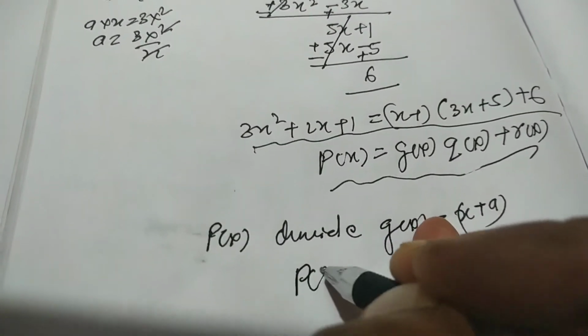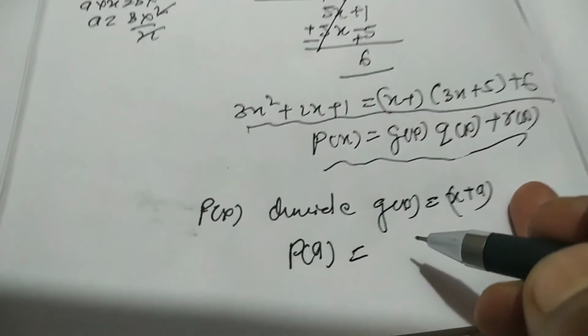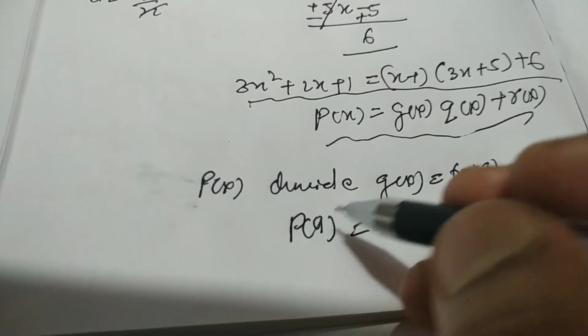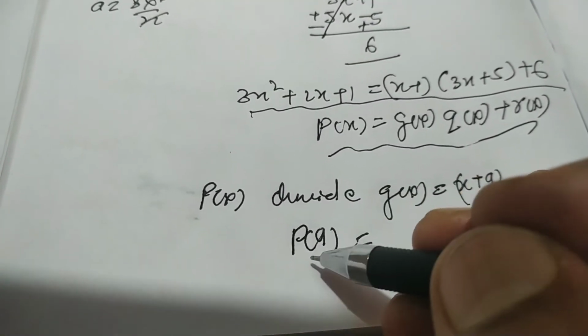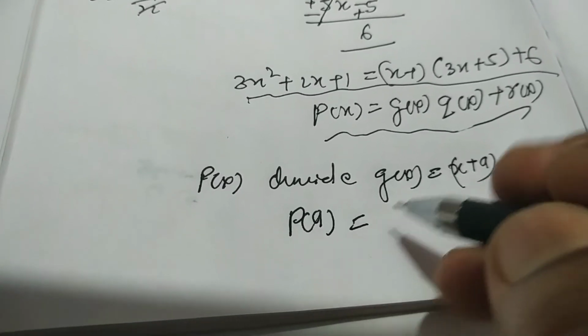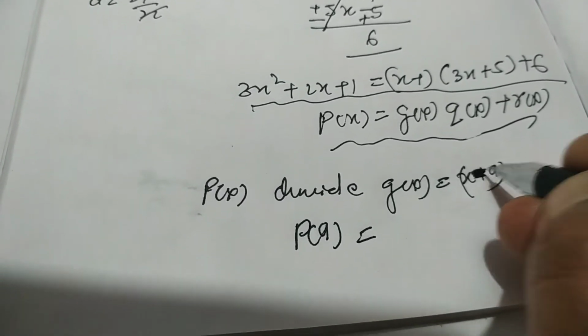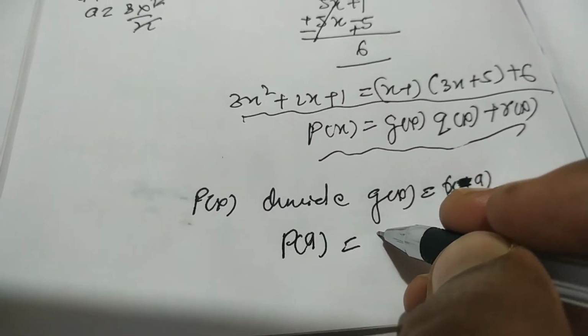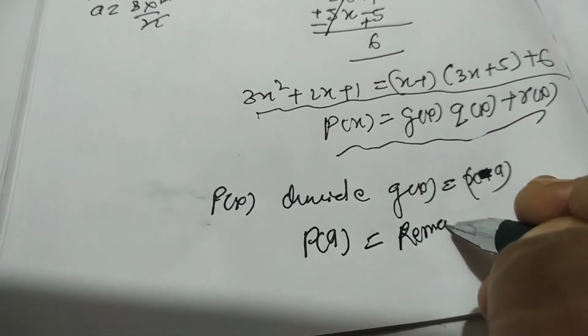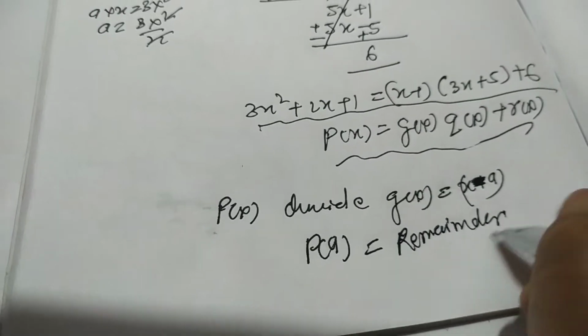If you put x equal to a in p(x), whatever value you get on the right hand side is called the remainder, right?